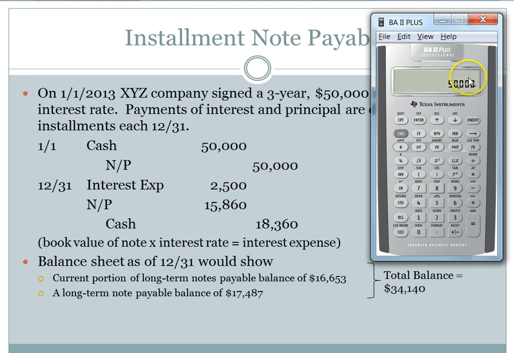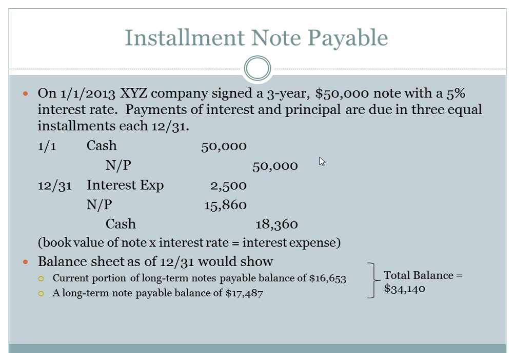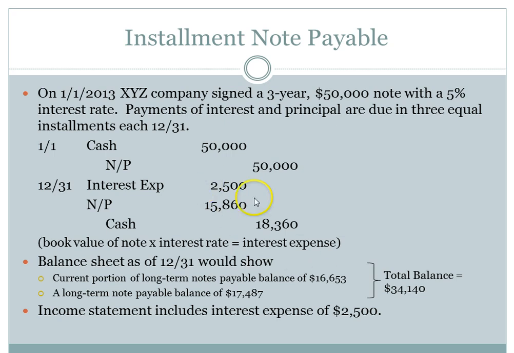Just coming back to 2013, to sort of close things out, the income statement will have an interest expense of $2,500. That was our debit to interest expense for the year. So that is the details and a fairly complete example of how to account for an installment note payable.